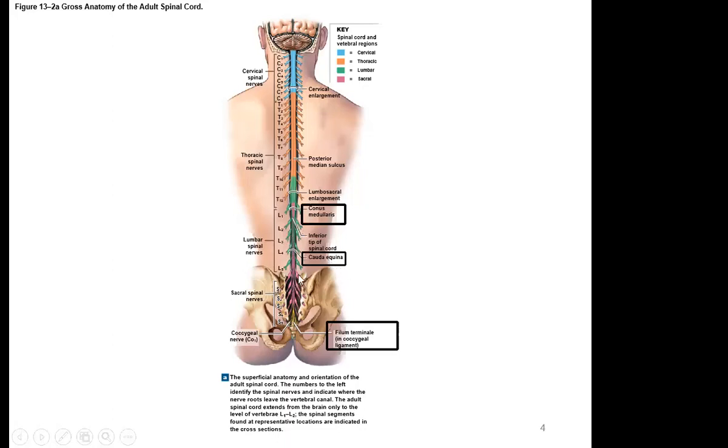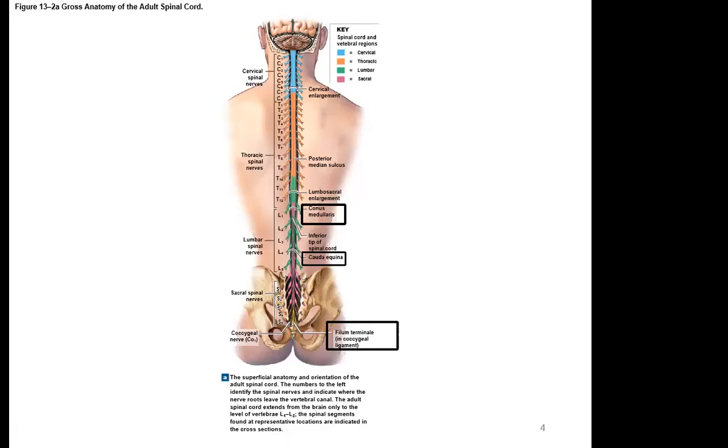And then I've also put a box around this area here, Filum Terminale. The Filum Terminale is going to be the very terminal end point, and this is actually an extension of pia mater. So pia mater, remember, was that meningeal layer that can protect the spinal cord.